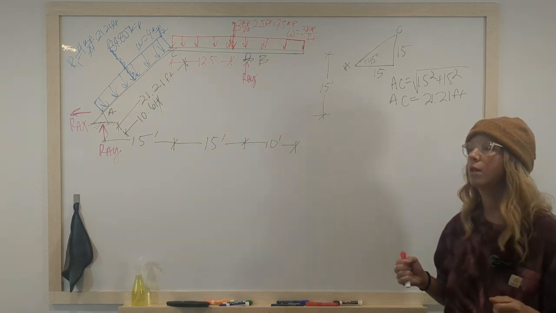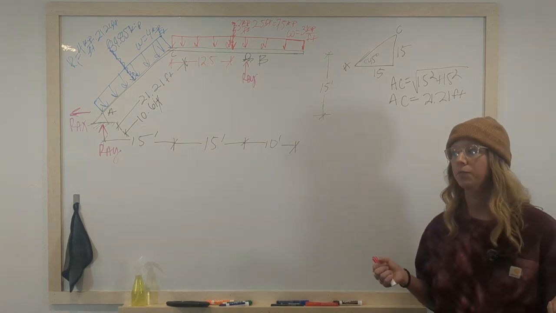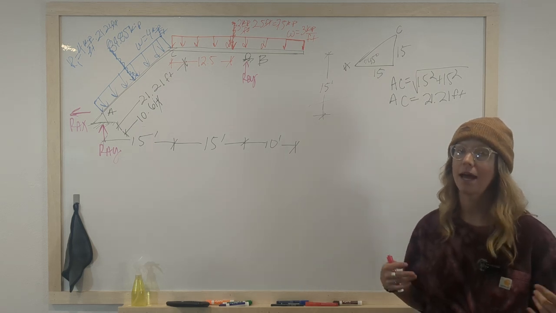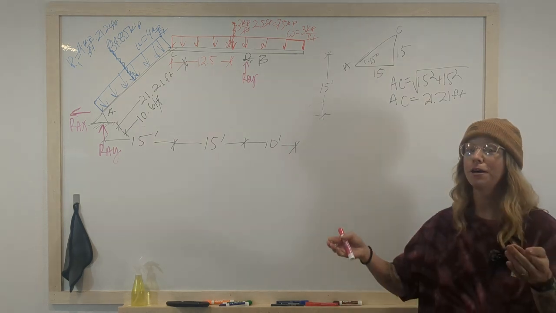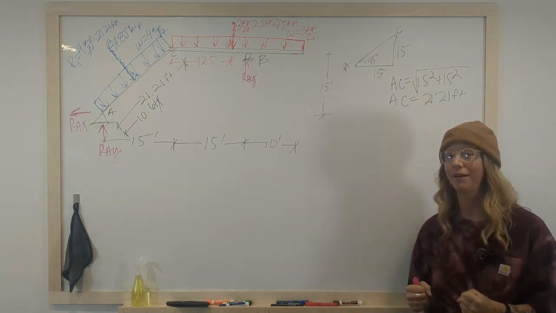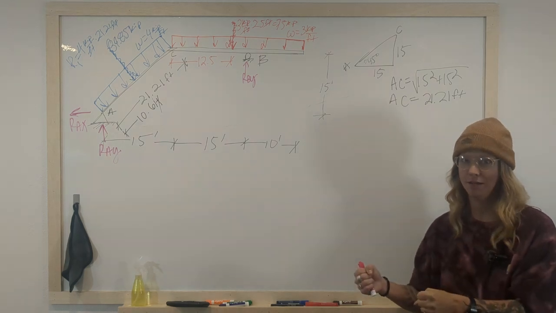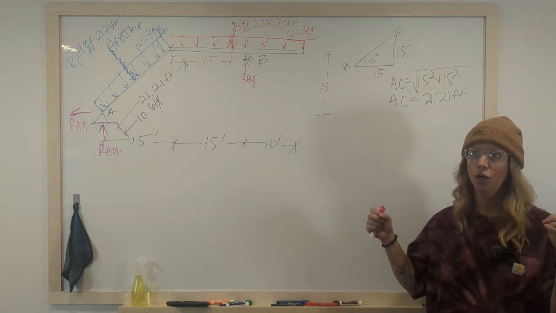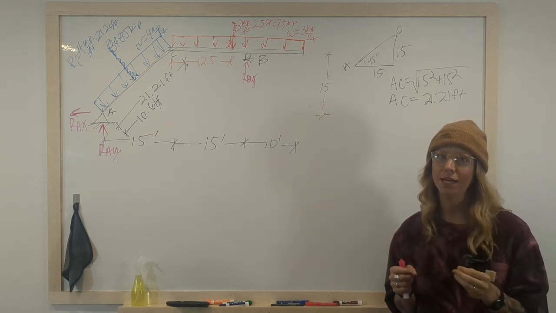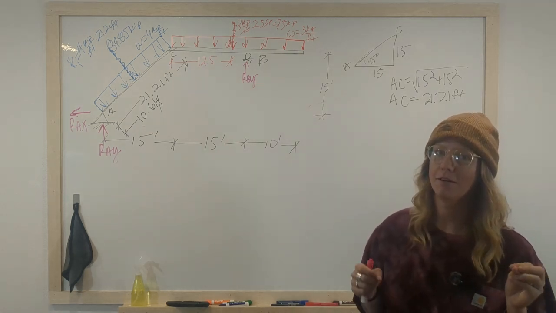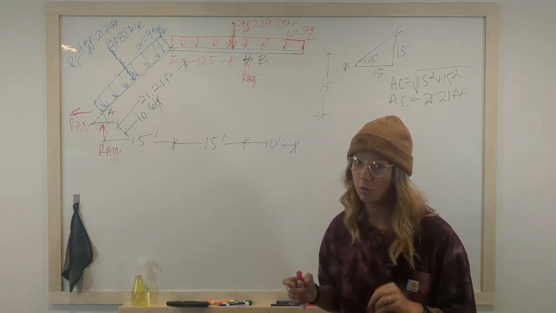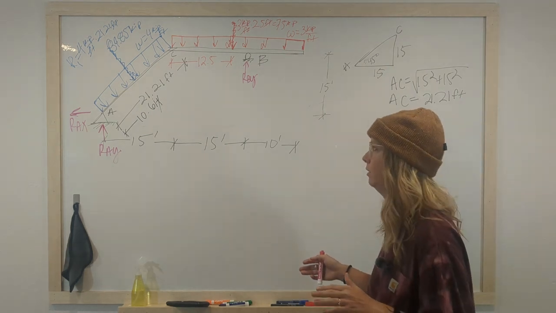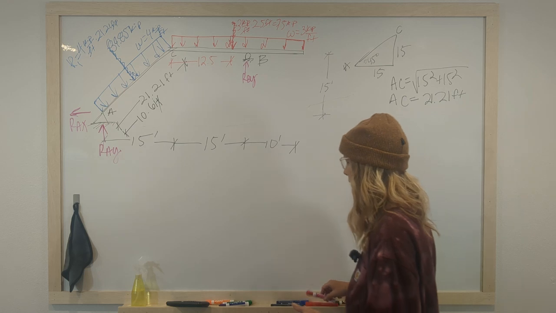If you assume that a member is in compression and you end up getting a negative value, that means that it's actually in tension. So although we relate negative to compression and positive to tension, when you're dealing with your sum of forces in the x and y direction, that negative only means that it's going the opposite of what you had anticipated. All right? So the negatives can be tricky, but you have to know how to deal with them.